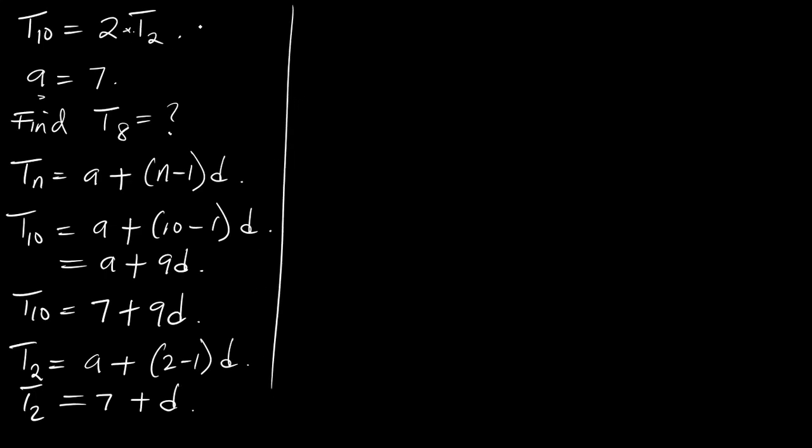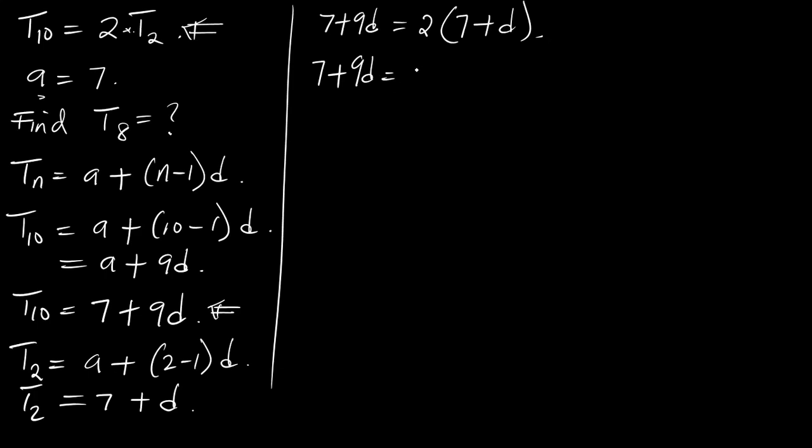Now, making use of this expression, you will say 7 plus 9d, which is the 10th term, is equal to 2 times 7 plus d. So now let's open up the brackets. You have 7 plus 9d equal to 2 times 7 is 14 plus 2d.